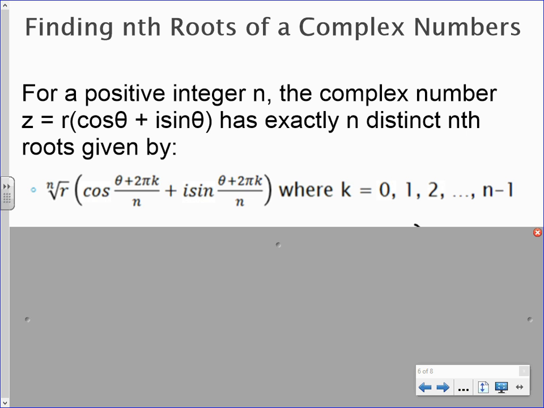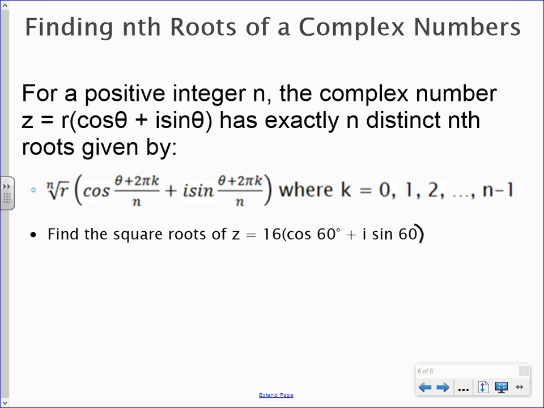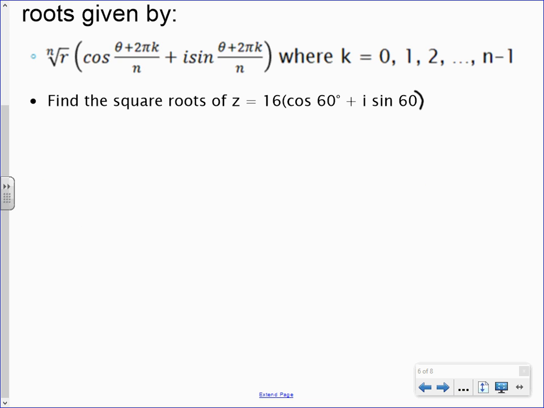Okay. So the first example we are going to do, we are going to find the square roots of this number. And I go ahead and give it to you in trig form.